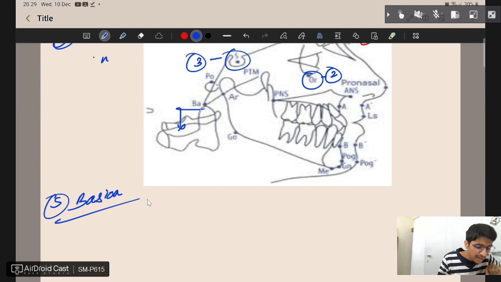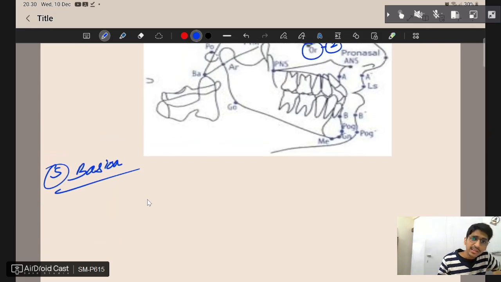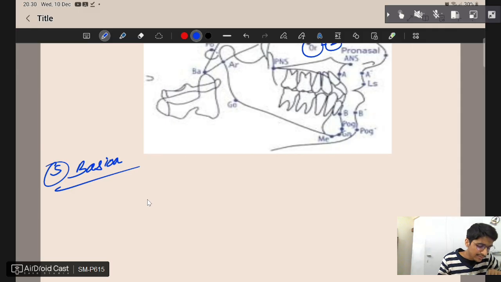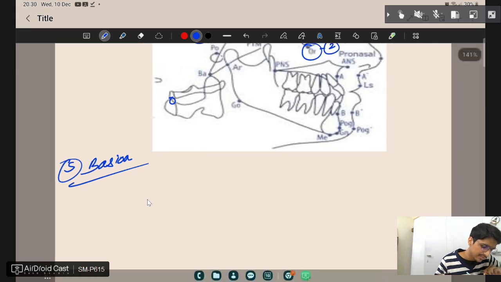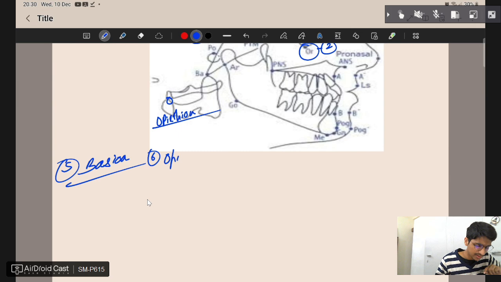The anterior part of the foramen magnum is basically the basion. And on the posterior part, there is a point which is called opisthion. It is not present in this diagram, so I will just mark opisthion. Sixth will be opisthion.